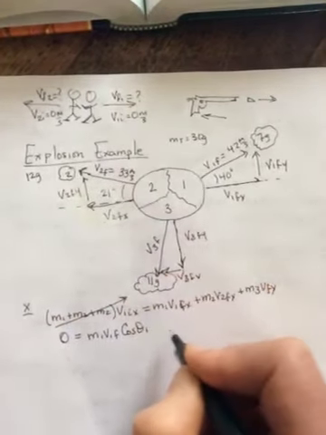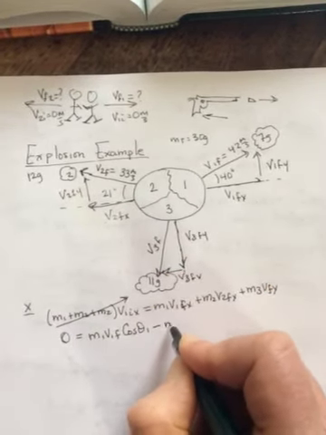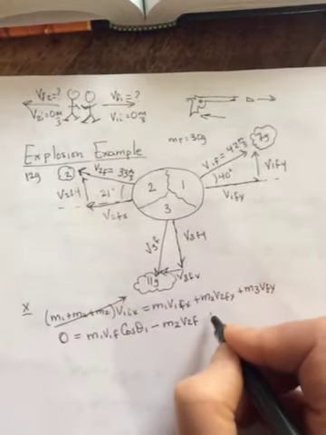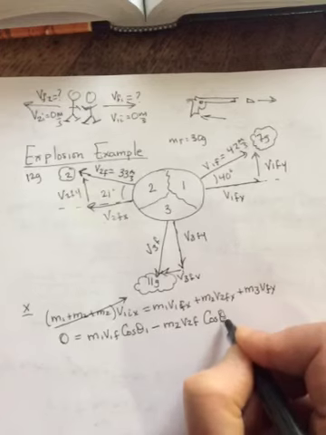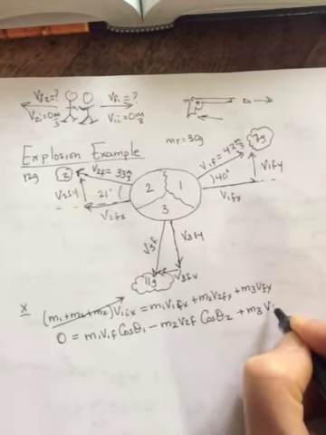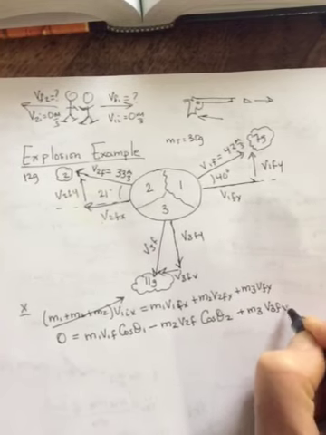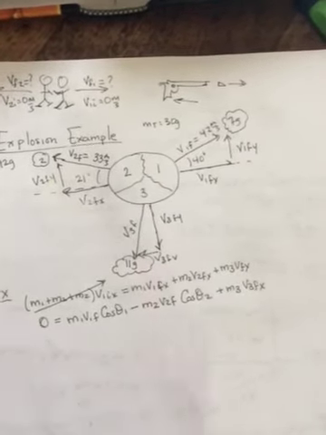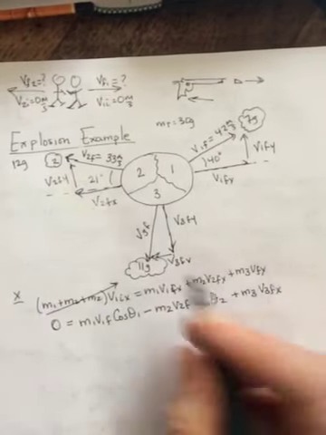And this one's going the opposite way, so minus m2 v2F, and that's also cos theta 2. We're not sure which way m3 is going, so don't just leave it as positive. If it's going in the opposite direction, it'll work out to be negative.